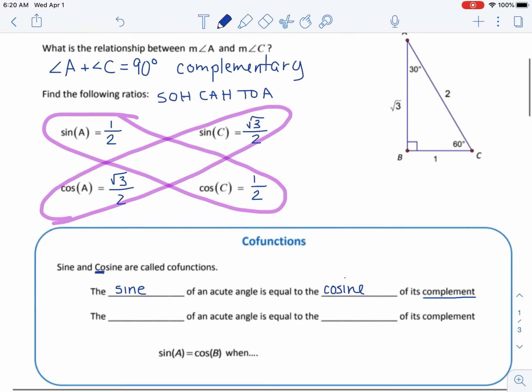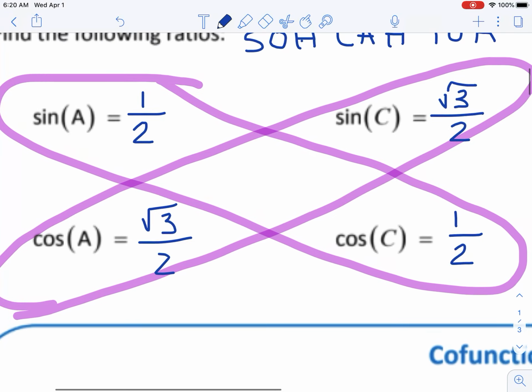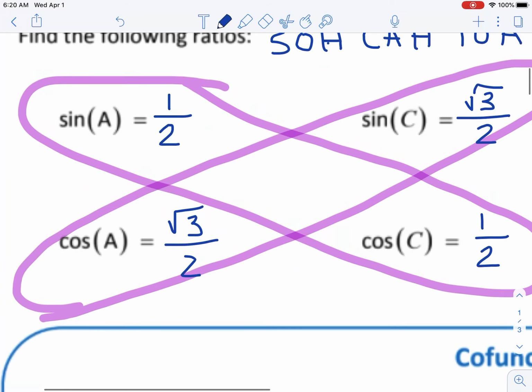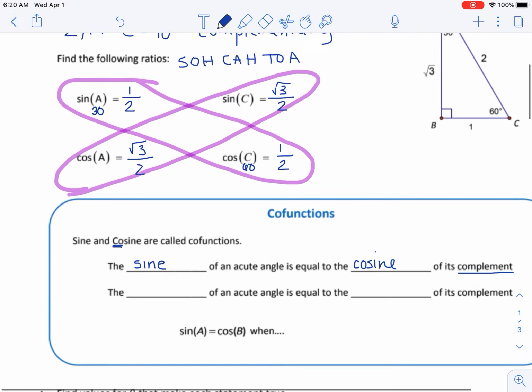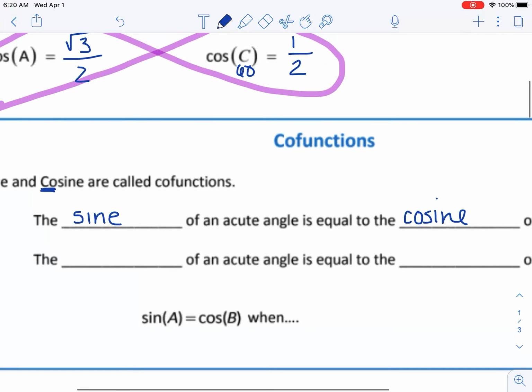Sine, A was 30 degrees. Cosine was 60. So those angles are complements. And then, of course, vice versa, the cosine of an acute angle is equal to the sine of its complement. There are other cofunctions, but you'll talk about them next year in Algebra 2.